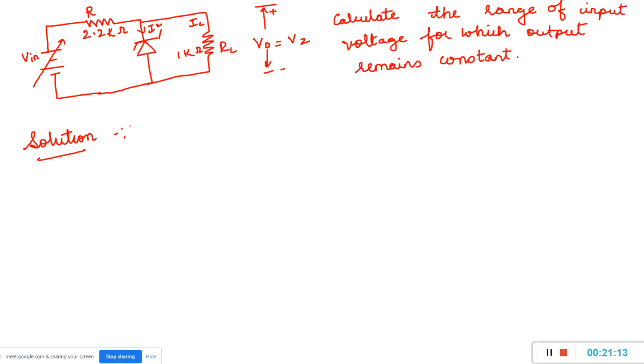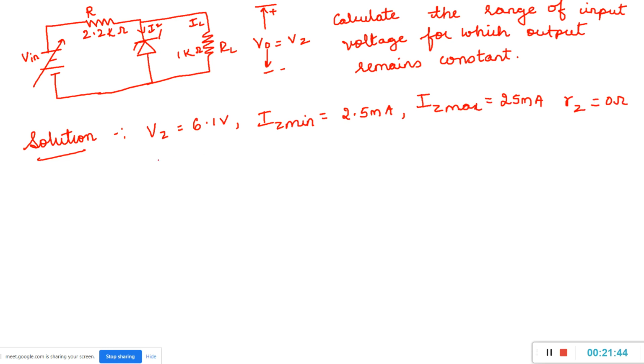So how do we do it? Take down the given values. Vz is given, 6.1 volt. Iz min is given, 2.5 milliamps. Iz max is given, 25 milliamps. Rz is 0 ohms, the resistance of the Zener diode is 0.